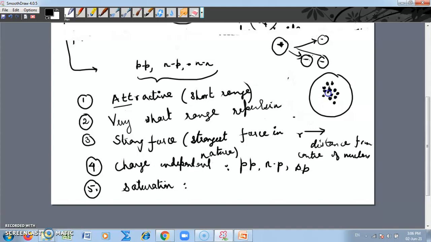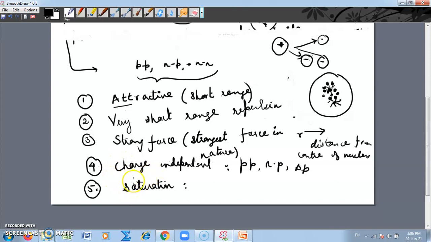Let us look at this one which has been named P. It has been found that this particular proton attracts only its nearest neighbors and then it becomes neutral. After that, the nuclear force gets saturated. That is meant by saturation.